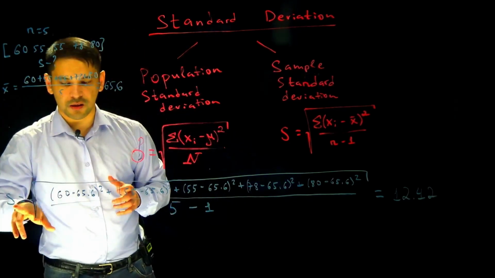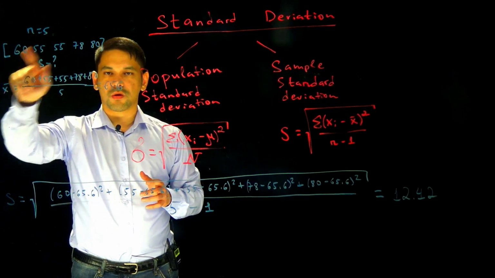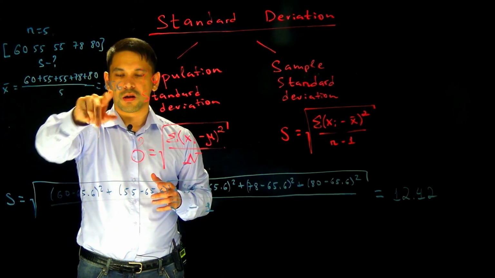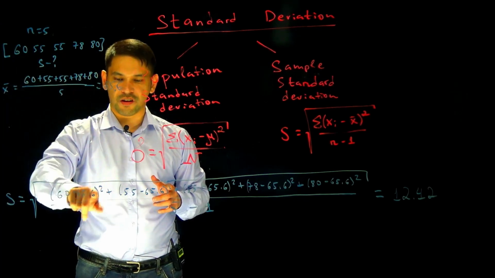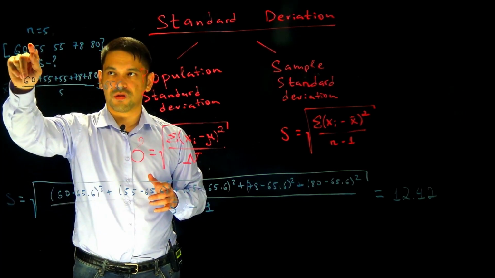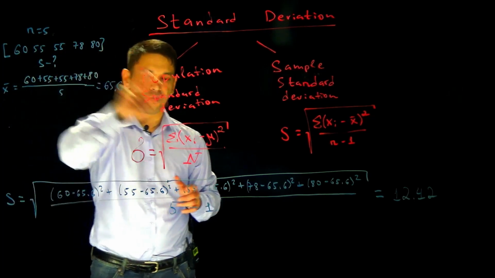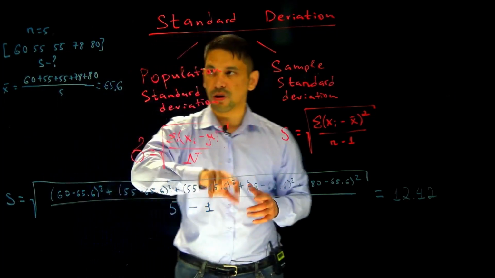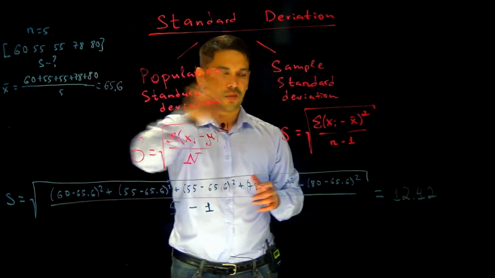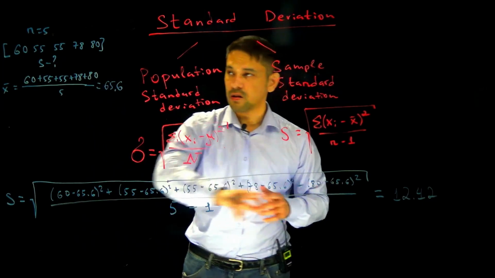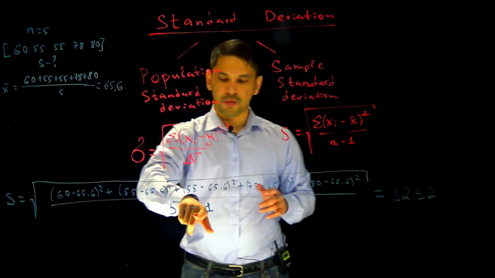Now, in order to calculate the standard deviation for this group, I have to subtract the exam score of each student from the average score and then square that difference. So it's 60 minus 65.6 squared plus 55 minus 65.6 squared plus 55 minus 65.6 squared plus 78 minus 65.6 squared plus 80 minus 65.6 squared, divided by the total number of students, which is 5, minus 1.